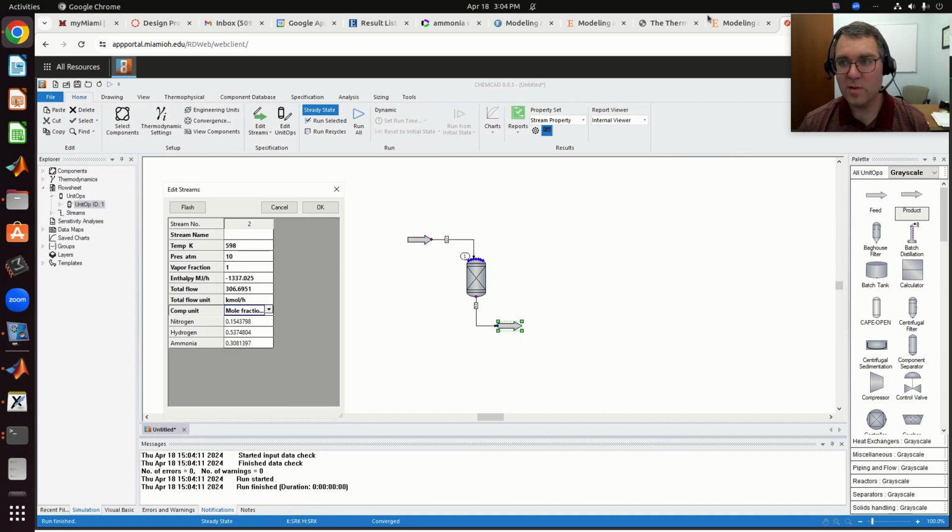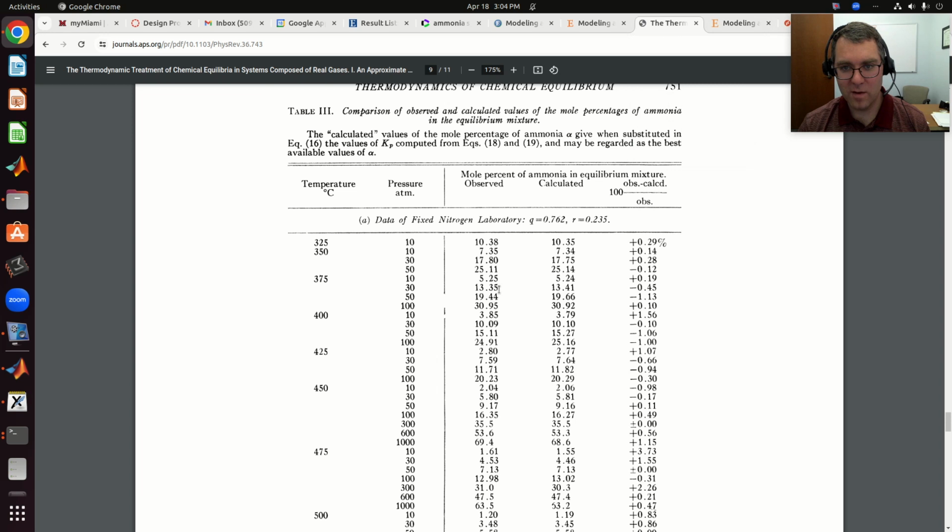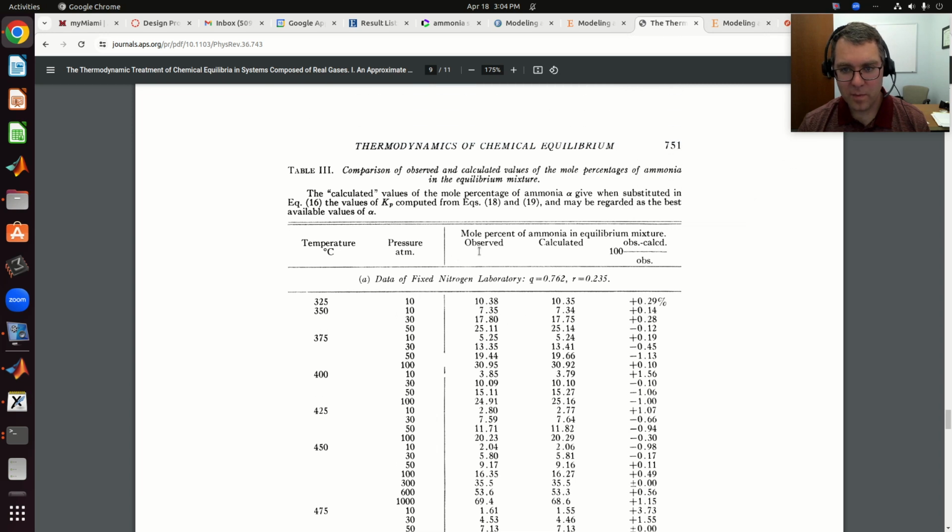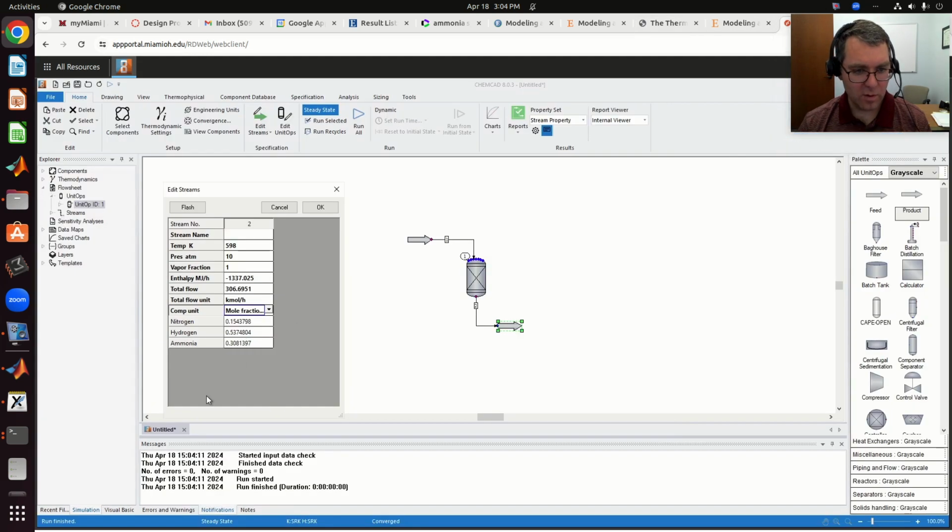Okay, I'm about 30% ammonia. So let's see, did it have it? Mole percent of ammonia in equilibrium mixture. This is about 10%. So it looks like we're higher than that.